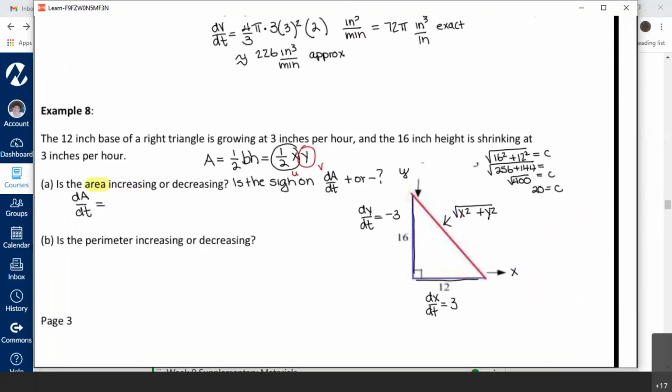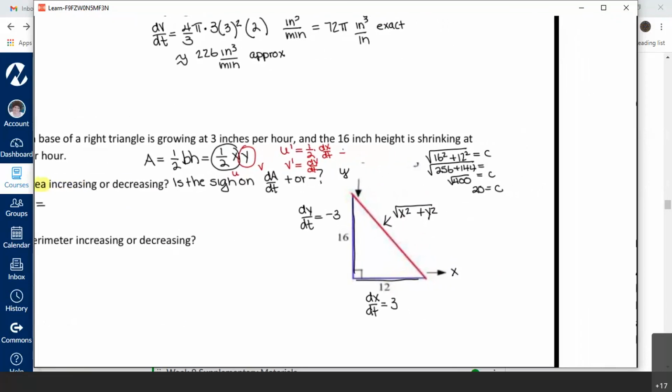Then I have u prime. One half, right? The x disappears because I'm using the power rule, and then dx/dt. v prime equals y. The y disappears, I just get a 1, and then I get dy/dt.